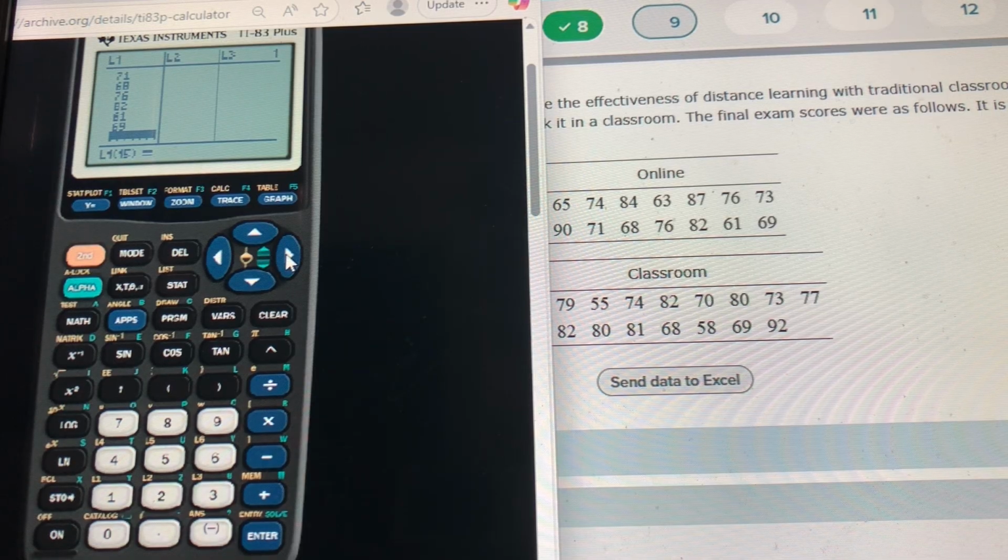Okay, so all those online scores went in L1, and then you're going to put all the classroom scores.